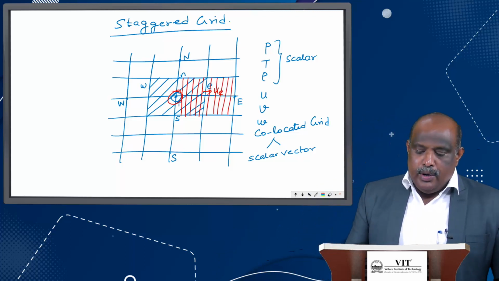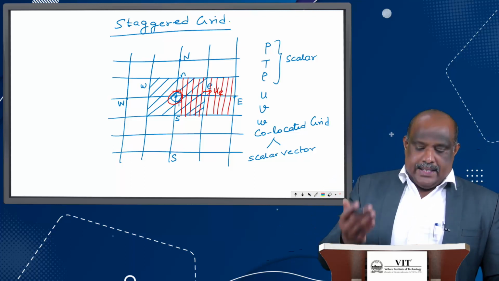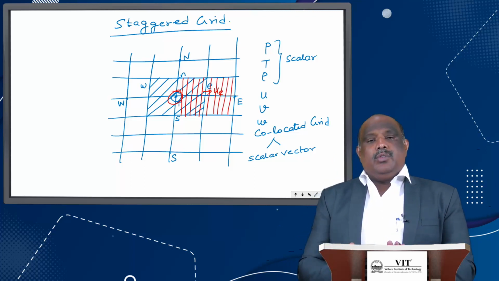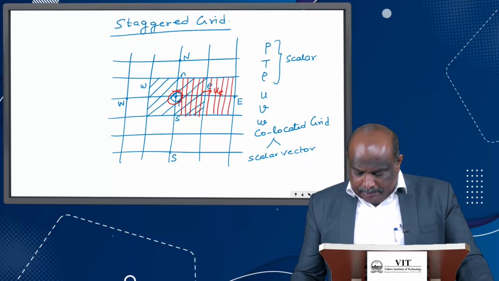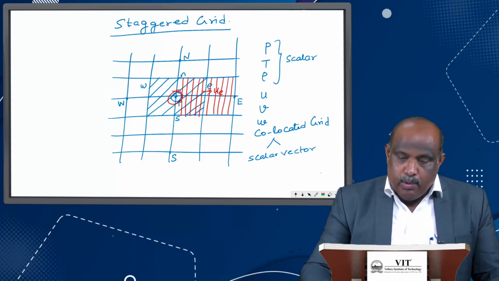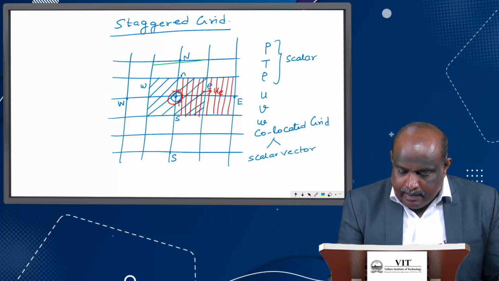Now I am going to move the V control volume towards the y direction. Since I am moving the x velocity, or the u velocity, along the x direction, I am going to move the v velocity along the y direction. I can show that here in green color. I am going to move it a little up.